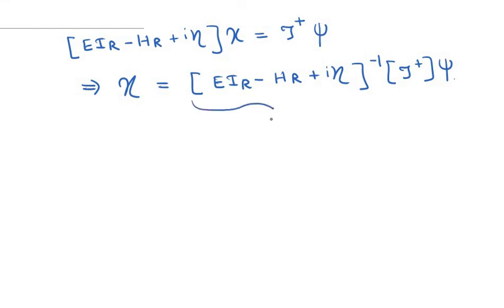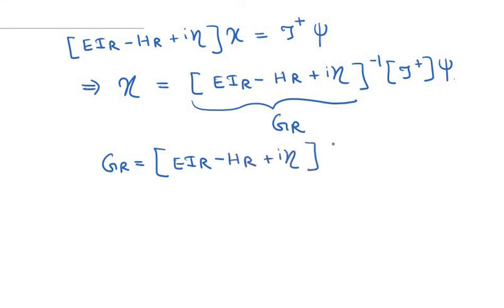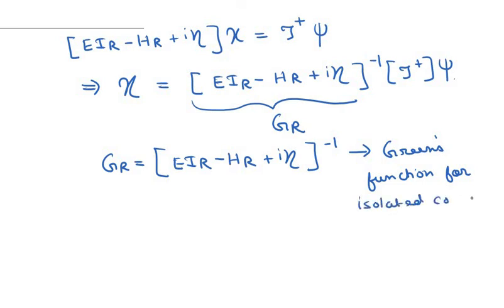So this is known as the Green's function for the isolated contact. Okay, and just as I stated, this eta is a very small quantity.